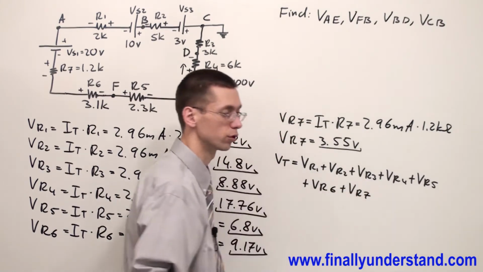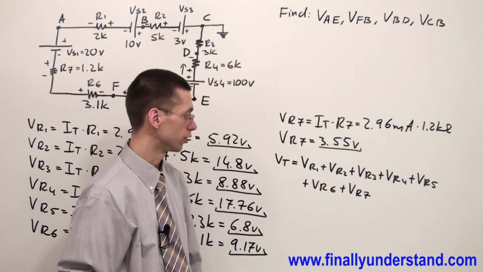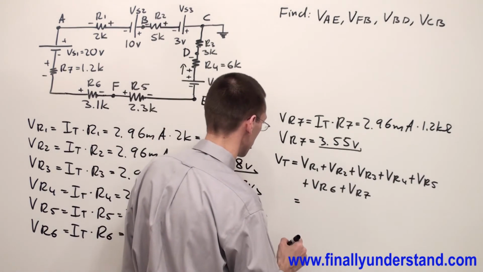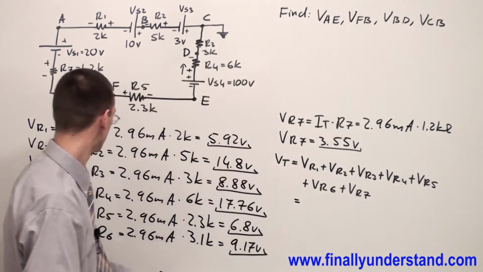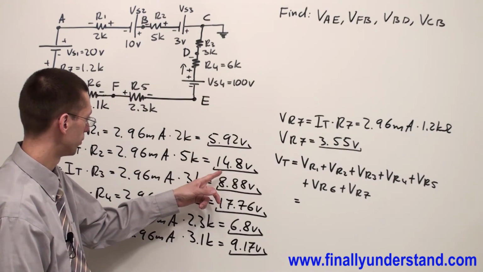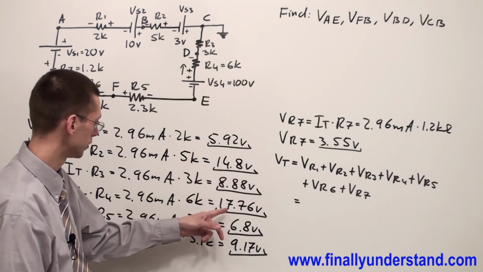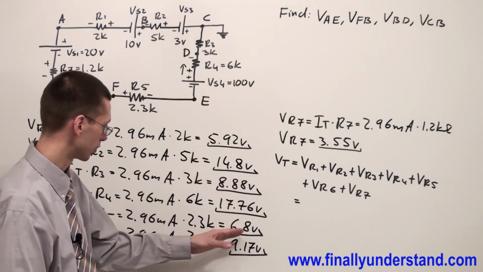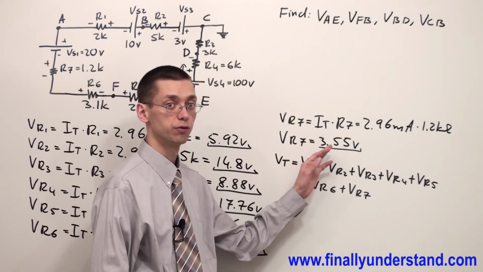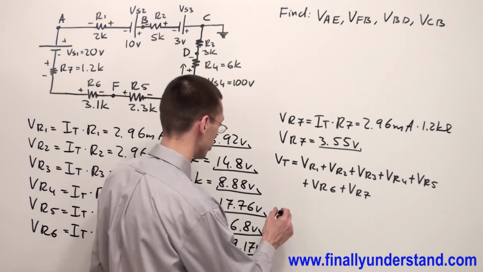It's always good to check your answers before you continue. So simply add all these voltages together: 5.92, 14.8, 8.88, 17.76, 6.8, 9.17 and 3.55.